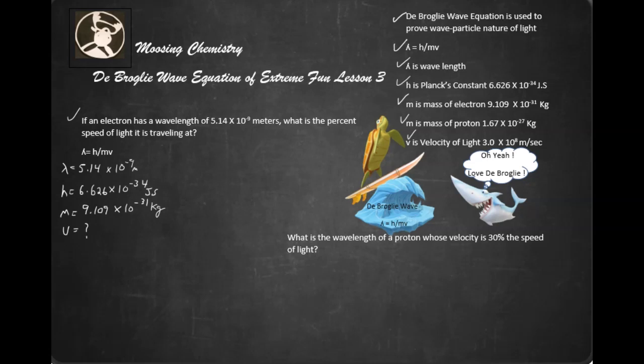So we're going to take our lambda equals h over mv and rearrange it to get lambda m v equals h, so v equals h over lambda m.